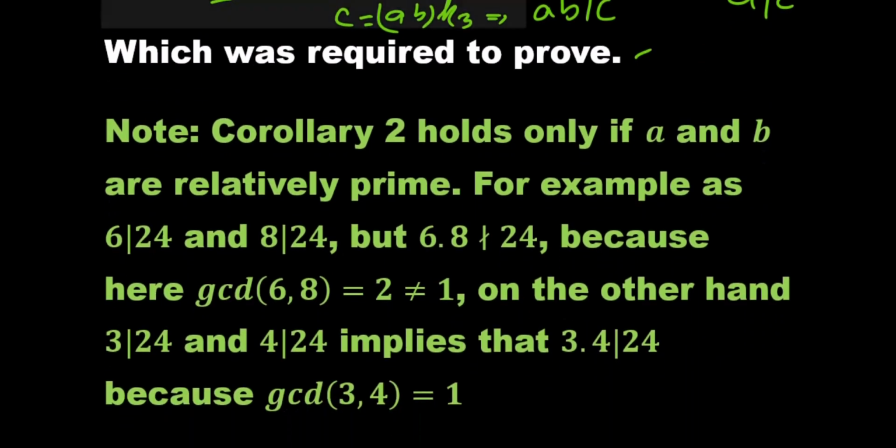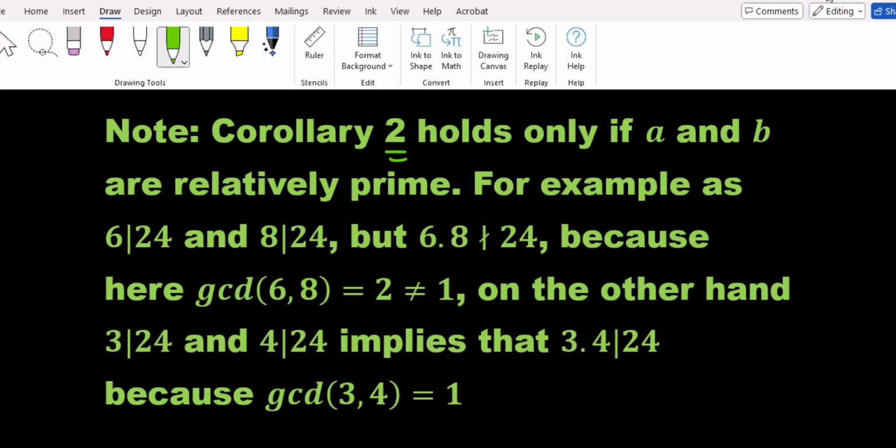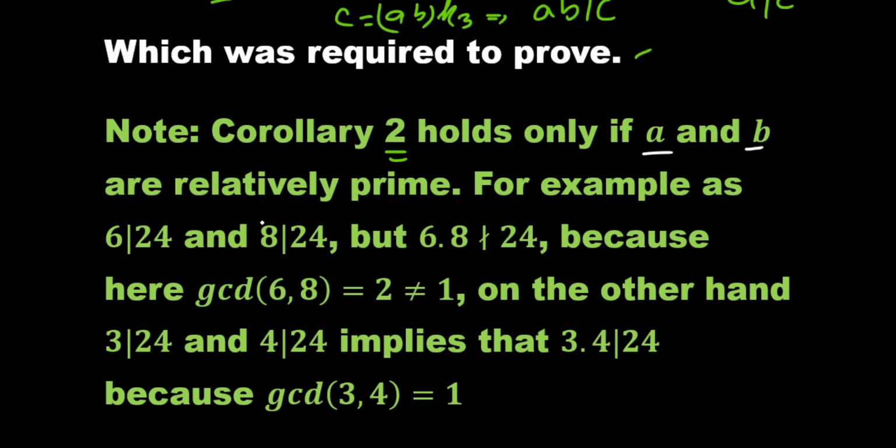There are some important things that you can notice here. Corollary number 2 holds if A and B both are relatively prime. For example, 6 divides 24 and 8 also divides 24. But their product 6 into 8, that is 48, does not divide 24. Why did this happen?